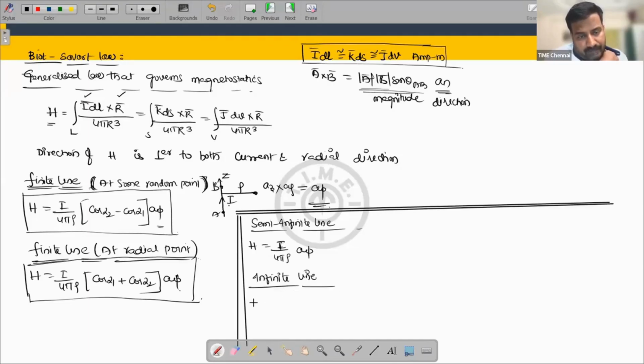For an infinite line, it is 2 times of this, which is I by 2 pi rho A phi.